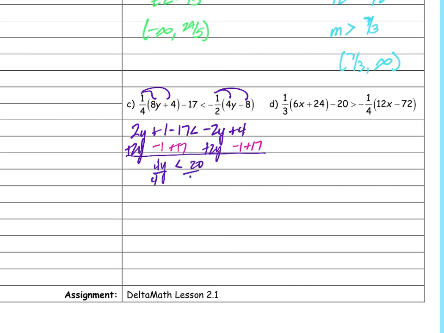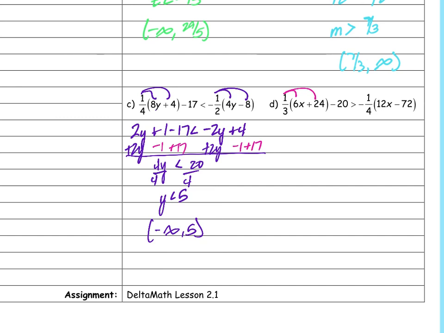Divide by 4, y is less than 5. Okay, so y is less than 5. So negative infinity to 5. Okay, whew. And I'm going to do the same thing here.